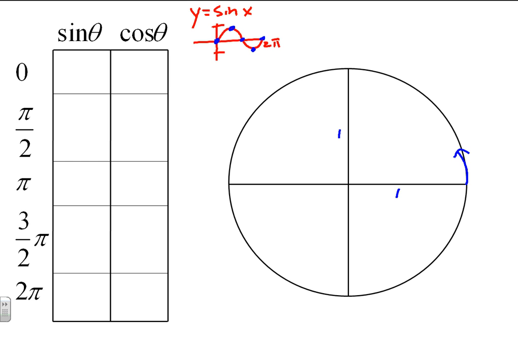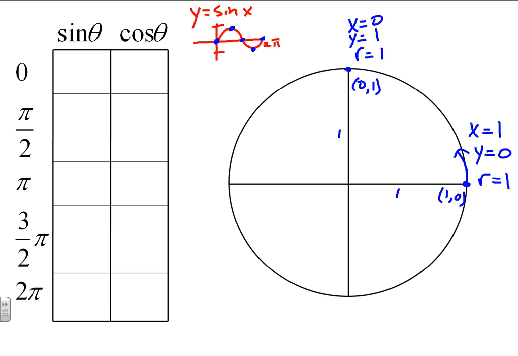So this point right here would be 1, 0, which would make x 1, y 0, and r is always 1 as we tour around a unit circle. When we reach this point, we are at 0, 1, giving us an x value of 0, y value of 1, and r, of course, is 1.